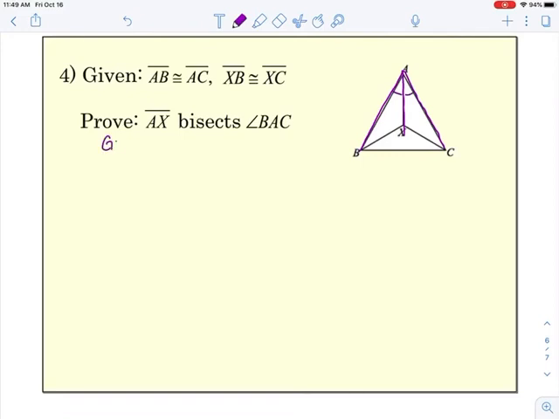So again, my goal is to show that angle BAX is congruent to angle XAC. Again, if I can show those two things are congruent, that would mean that AX bisects.